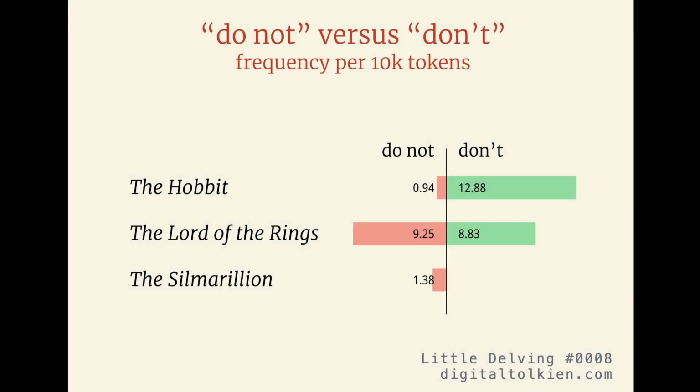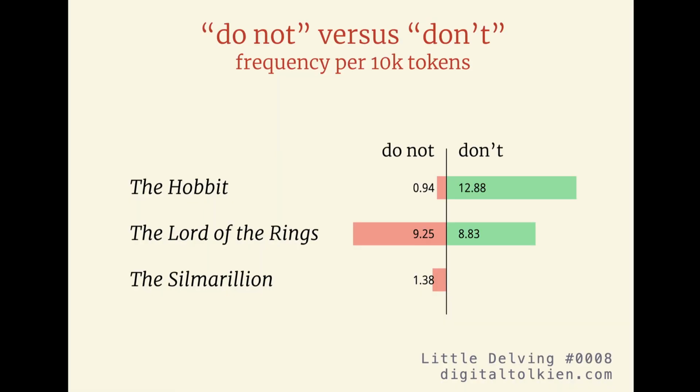Moving on to Little Delving 8. And this kind of visualization is actually one of my favorites, where we take two alternatives and we show them side by side by work as well. So we get a sense both of the contrast within the book between the two terms and also the differences between the 3 works.